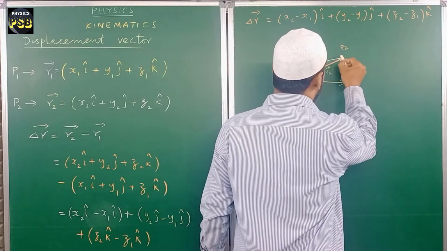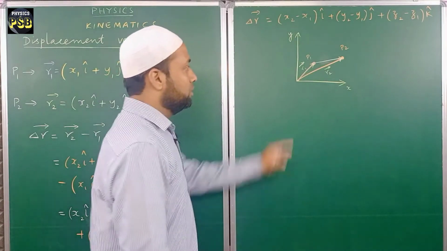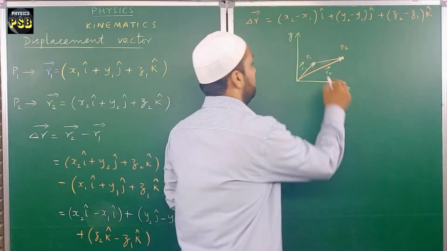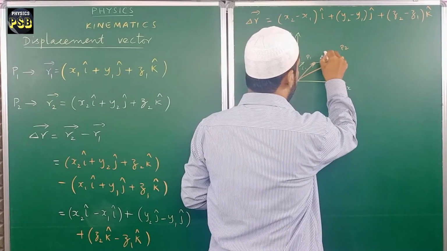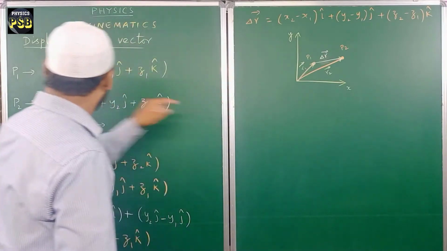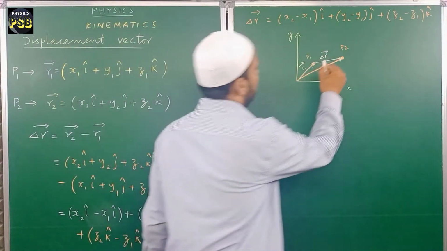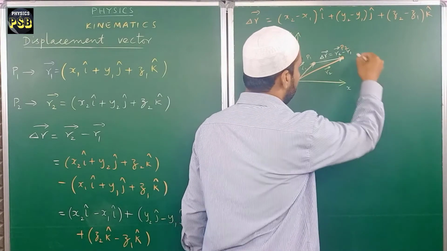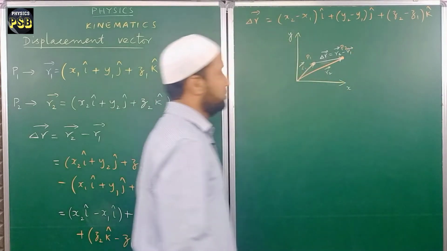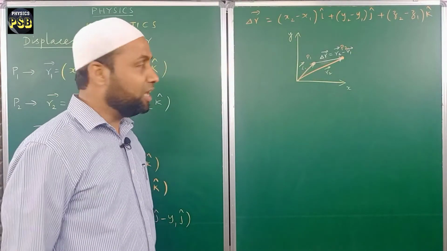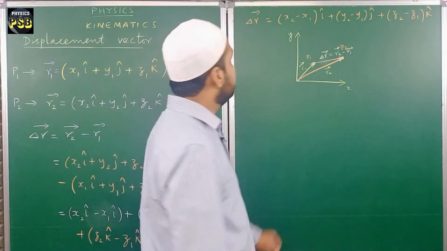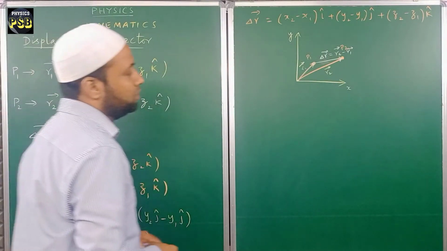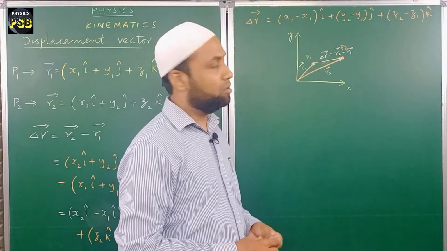This line which I have obtained by connecting P1 and P2 gives me delta R vector, and it represents the displacement vector, which is equal to R2 vector minus R1 vector. Clear? This is how one can represent a displacement vector using a graph.